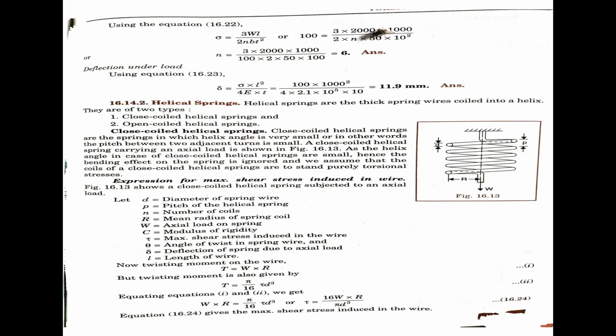Next, the expression for maximum shear stress induced in wire. Shear stress expression I have to calculate now. Small d equal the diameter of the spring wire, p equal the pitch of the helical spring, small n equal the number of coils, and capital R equal the mean radius of spring coil, W equal the axial load on spring, capital C equal the modulus of rigidity.